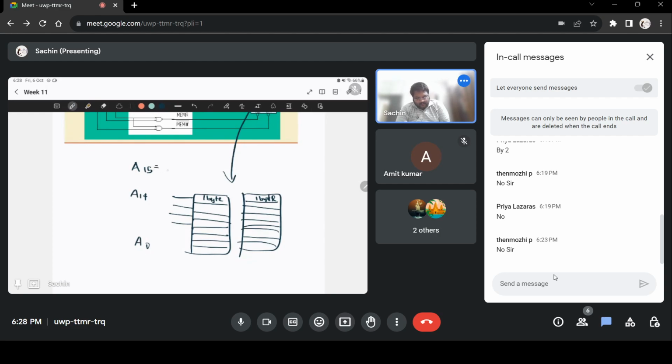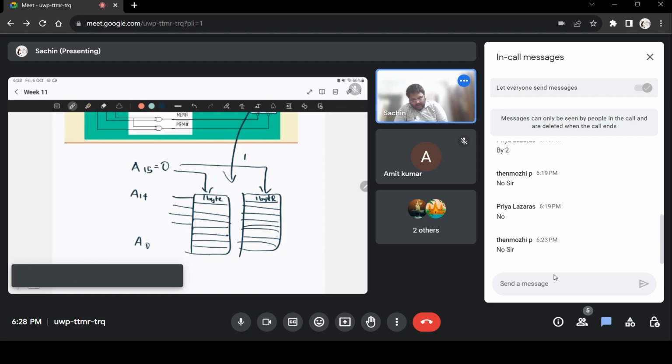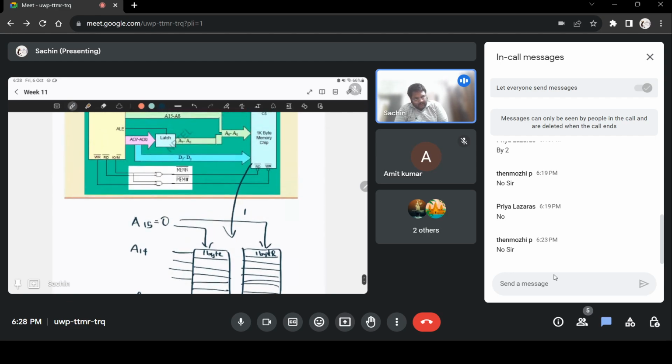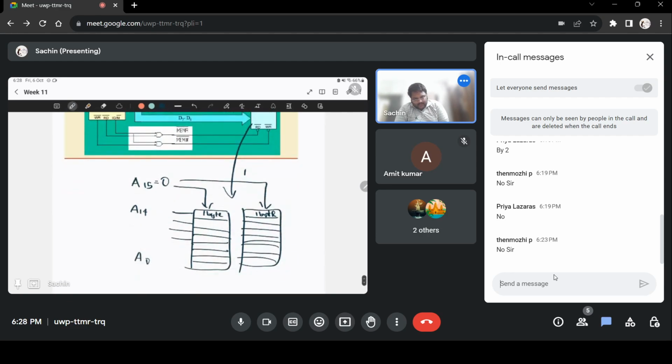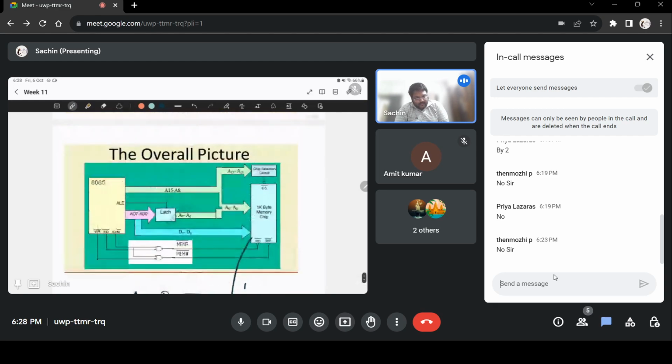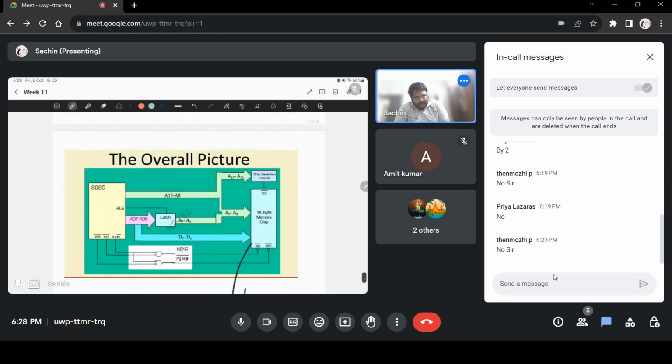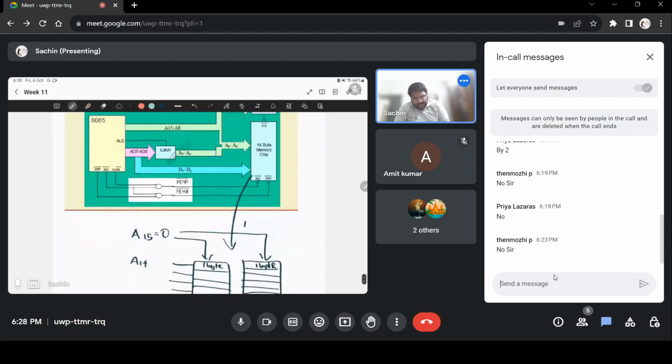So you could say that whenever A15 is 0, I will access this block, and whenever A15 is 1, I'll access this block, and within this block A0 to A14 will give you one of the address locations. Did you understand? I can repeat myself if you didn't. You understood this part, right?